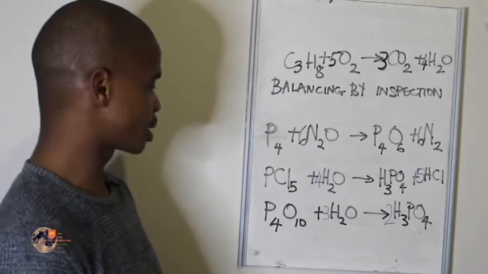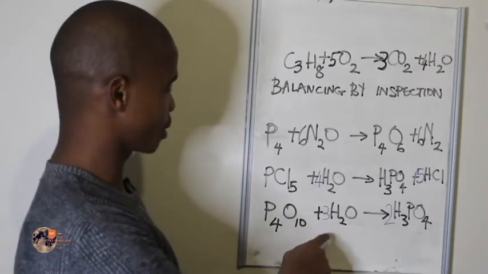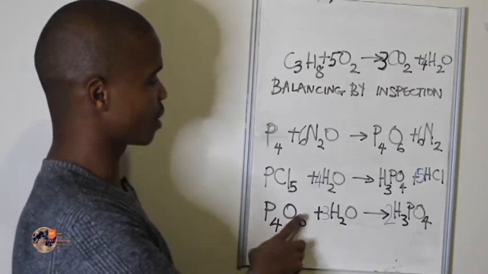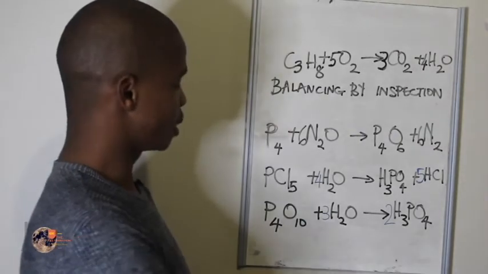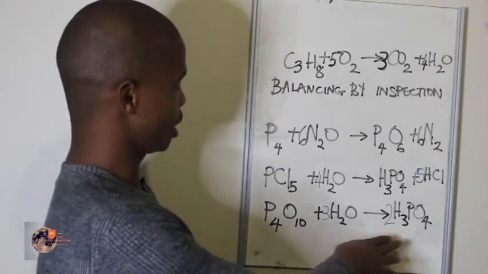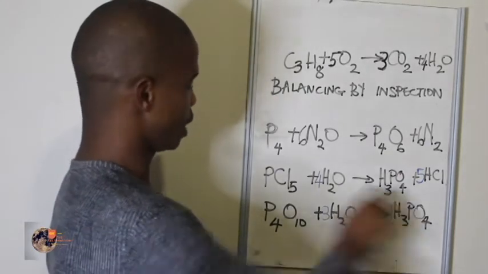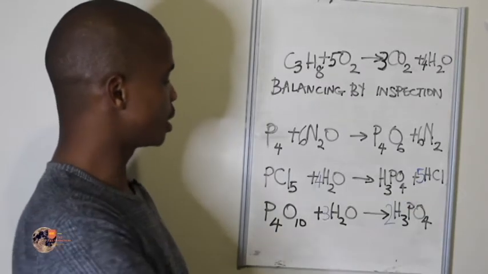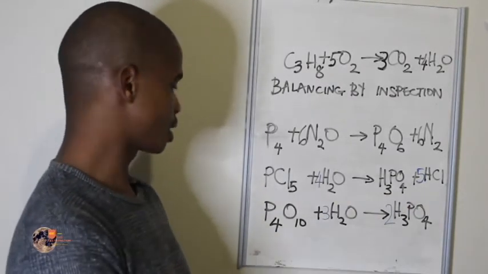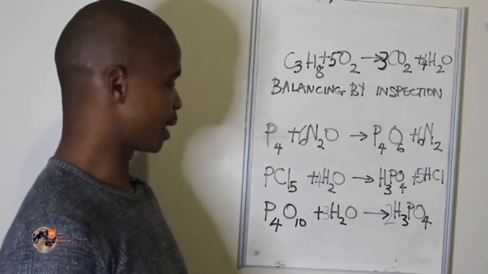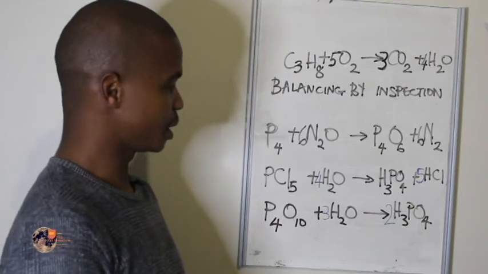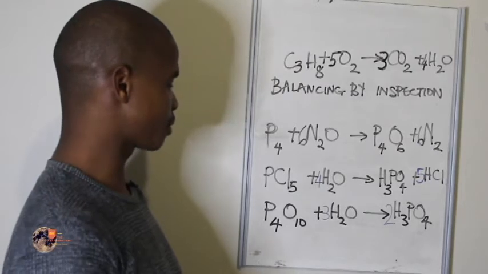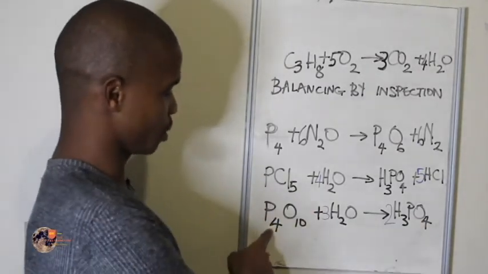Then you find that here you have 3, here you have 3, here you have 13 oxygens. Here you have 13 oxygens, and here you have 8 oxygens. So I want to have 13, 13, or I want to have 8, 8. Now this becomes tricky, but you'd find that if you have 1 phosphorus, you have 2 here.